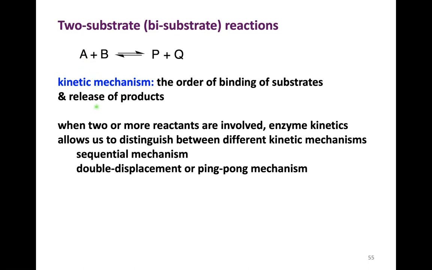Can it be random, or does it have to happen in a certain sequence? What about the release of the products? Can that be random, or does it happen in a certain sequence? Okay. And so 2 potential mechanisms that you need to be aware of are the sequential mechanism and the double displacement or ping pong mechanism. And we'll be looking at these in turn.